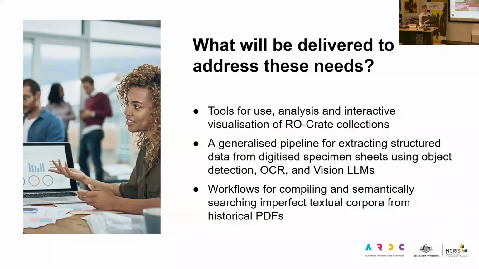This significantly improves the accuracy and scalability of data extraction. And third, we're implementing workflows that enable us to compile and semantically search imperfect text from PDFs, making previously inaccessible or fragmented information searchable and reusable. Together, these will improve how users interact and derive insights at scale.